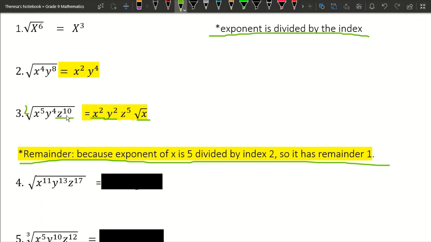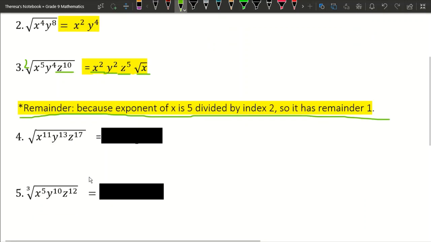So, ang mangyayari, 10 divided by 2, and that is 5, or z raised to the 5th power. At wala siyang remainder, so wala din siyang matitira dito. So therefore, our final answer for square root of x raised to the 5th power, y to the 4th power, and z raised to the 10th power is x squared, y squared, z to the 5th, square root of x.